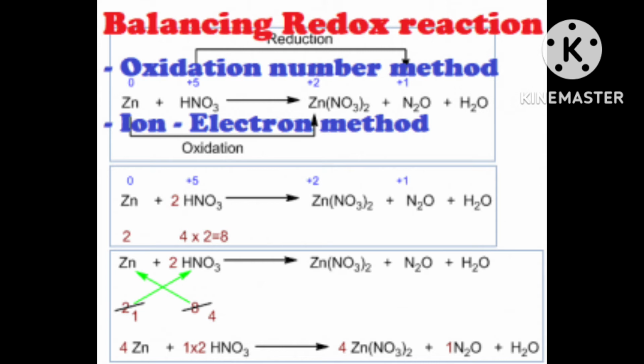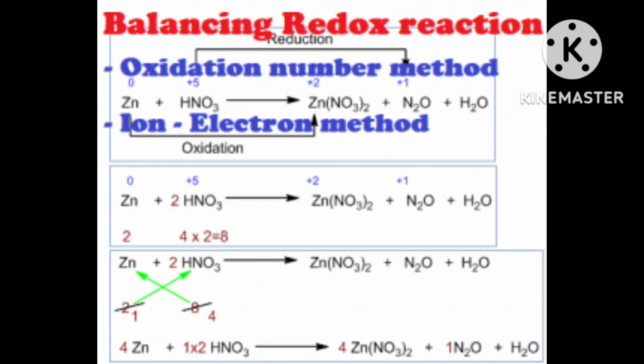Then 3 SO4 is there. In SO4, 4 oxygen is there, then 4 into 2, 8, and with 3 SO4, 8 into 3, 24, and 2 negative charge on iron, then 24 plus 6, 30.